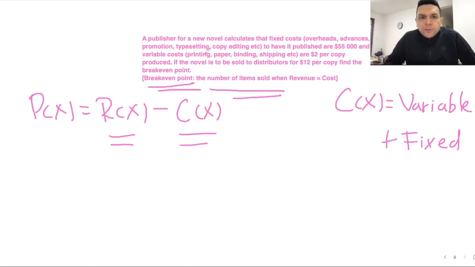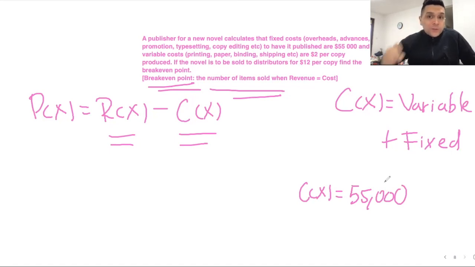So it says a publisher for a novel calculates fixed costs. So for costs, let's see, we have fixed costs. These are 55,000. And variable costs are $2 per copy produced.